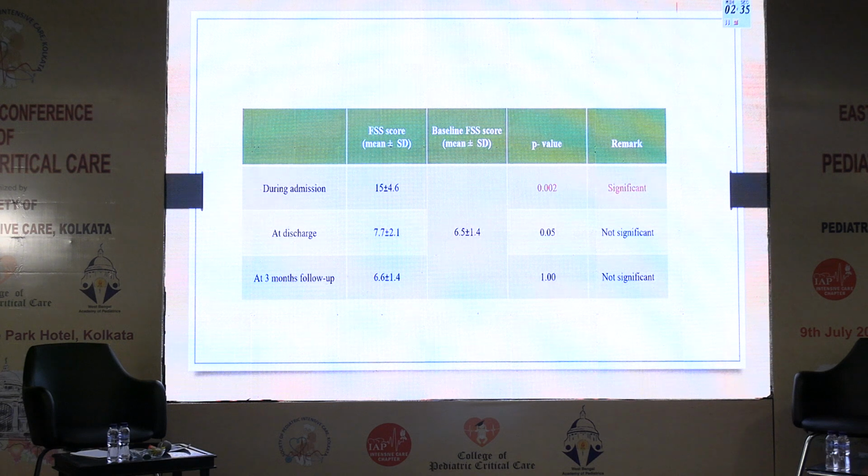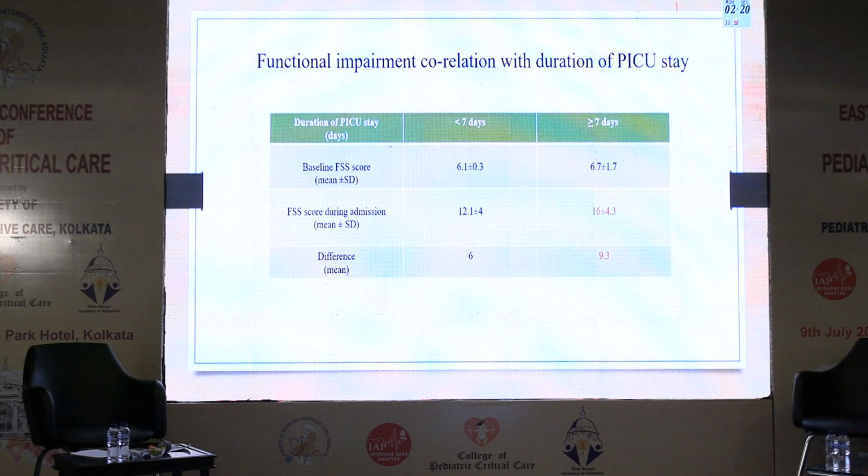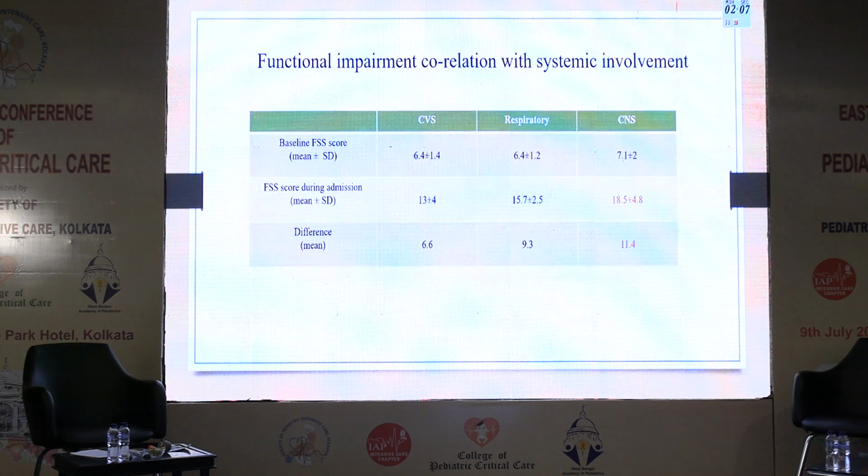If we compare from the baseline, during admission there was a significant increase in the functional status scoring, with a p-value of 0.02. At discharge it was borderline, and at 3 months it was 1, which were not significant. If we correlate the functional impairment with the duration of PICU stay, children who had a stay of 7 days or more had more impairment in their functional status, and the difference from the baseline was also more.